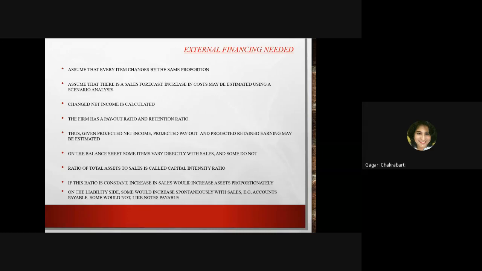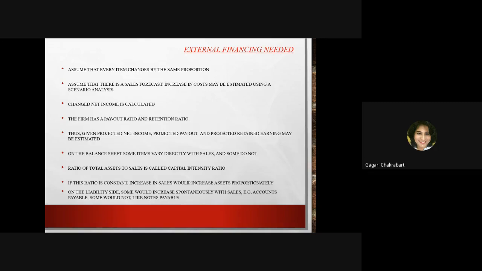But if you talk about the sensitivity analysis, then you can have a series of such values that will be generated in response to a given change, right? But here we shall be talking about only two cases, the initial case and case one, where there will be some changes, right? So costs will be changing by some proportion. But whatever be the case, we shall assume that every item will be changing by the same proportion.